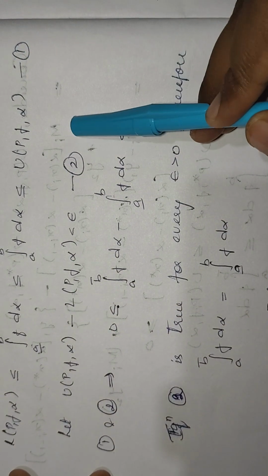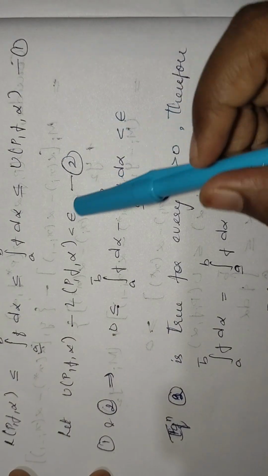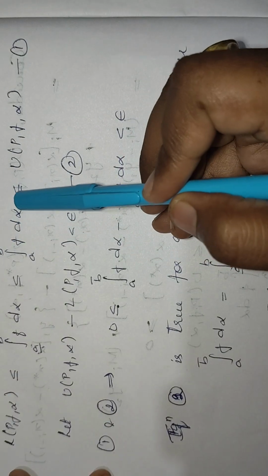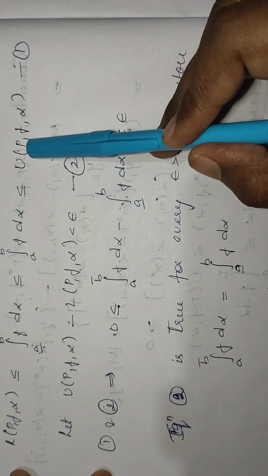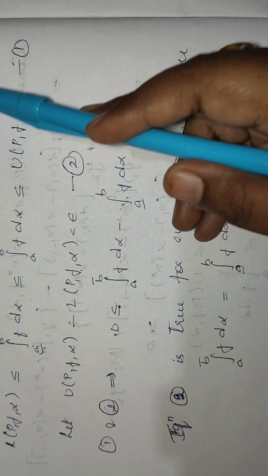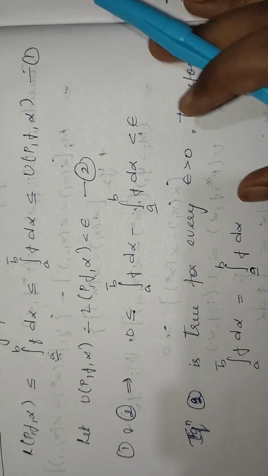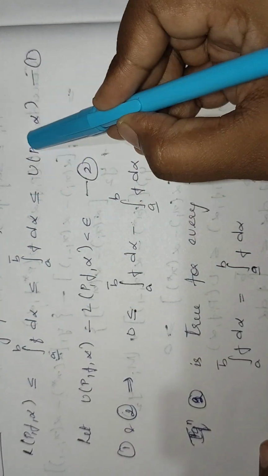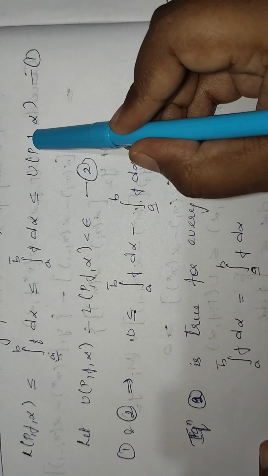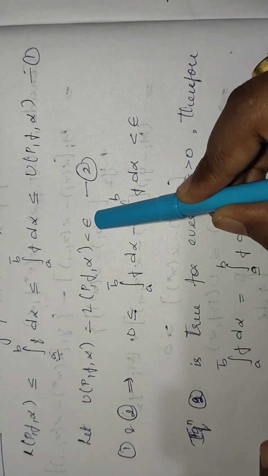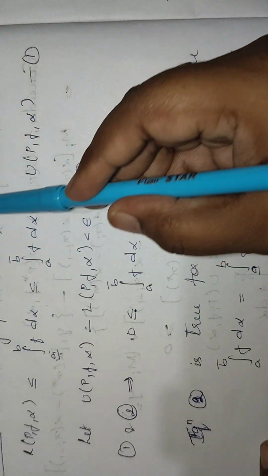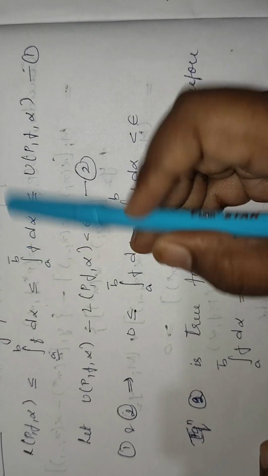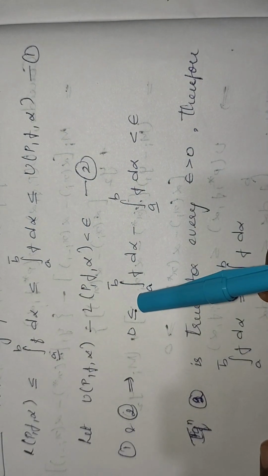And from equations 1 and 2, this implies that the upper integral minus the lower integral is less than or equal to U(P, f, alpha) minus L(P, f, alpha). And we know that this difference is less than epsilon. And since the lower integral is less than or equal to the upper integral, the difference will be greater than or equal to 0.